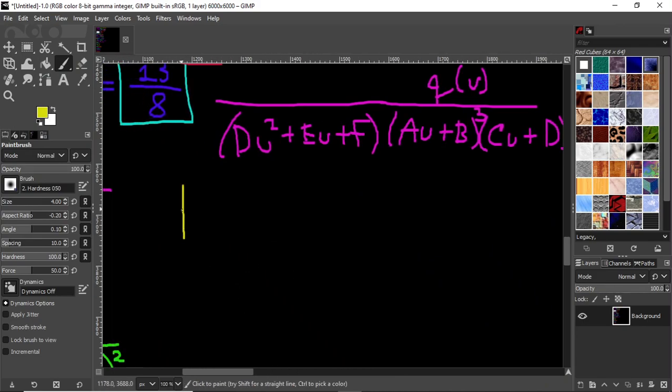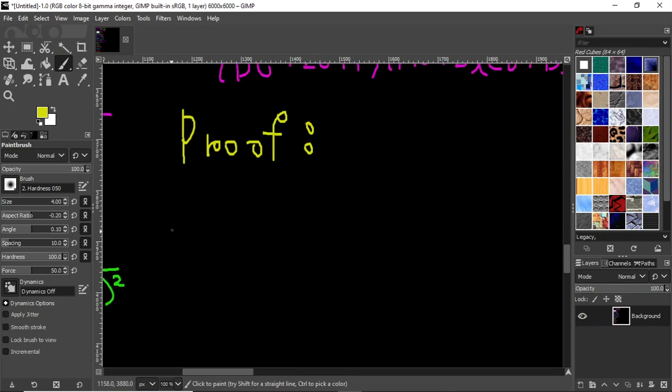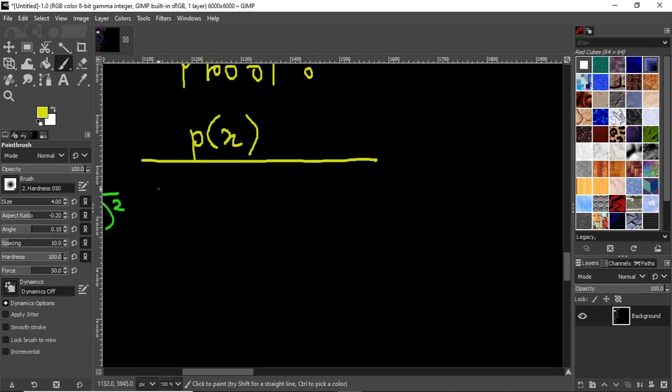So the first thing is the proof. I'm going to be a bit general with this. Let's say we have a polynomial p of x here and some linear factor.